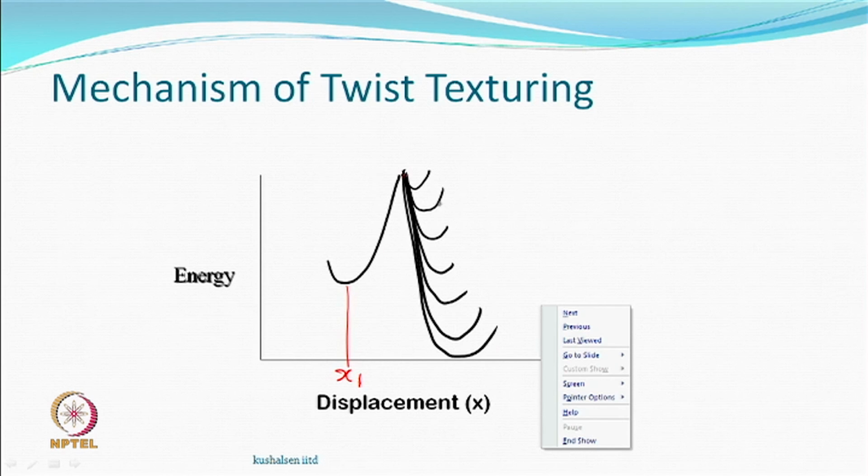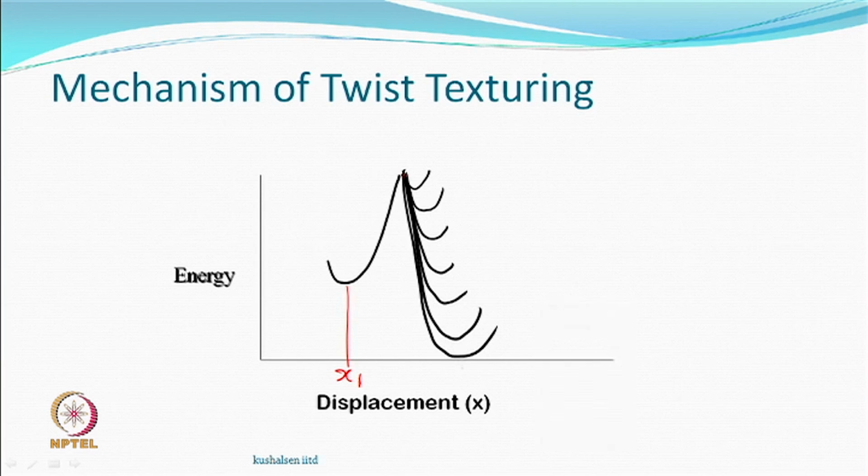So, if you just do the twisting, nothing will happen, because it will come back to the same state. Now, you want to keep it in the twisted configuration, and then the energy, because of crystallization or randomization, will keep going down, and you come to some state x2, whose energy level may be lower than the previous one. So, that is called optimization.